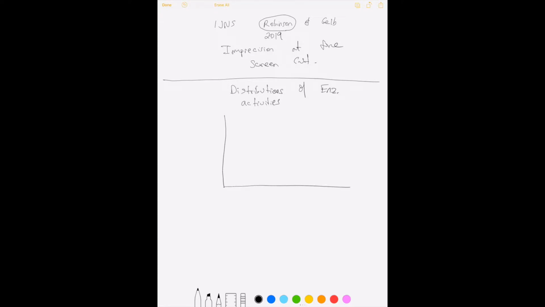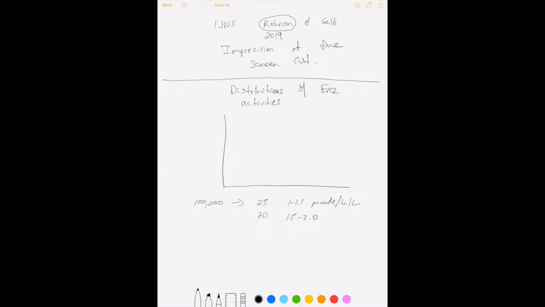We might say, we have 100,000 newborns, and 25 of them have enzyme activity in the 1 to 1.5 micromoles per hour per liter range. We have 70 in the 1.5 to 2 range, whatever. So we assign some bins, and we ask how many newborns are in those bins.